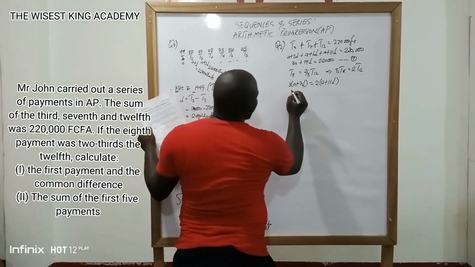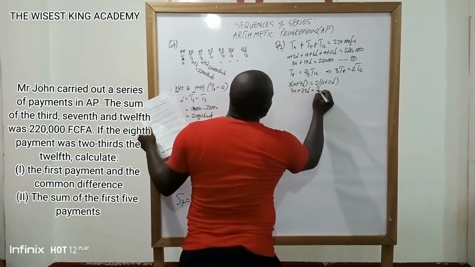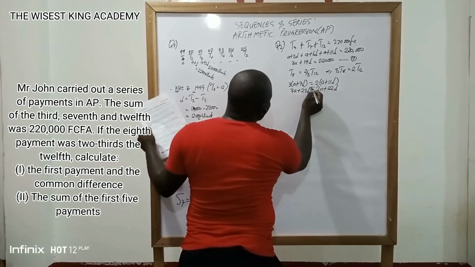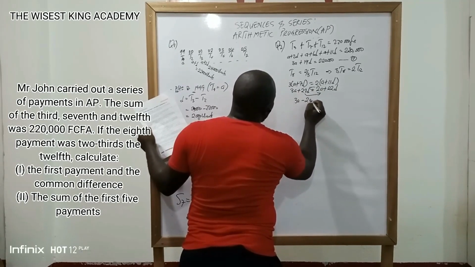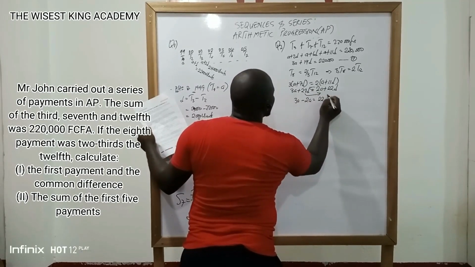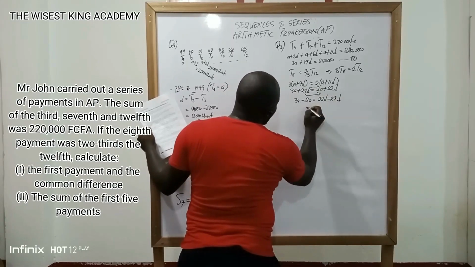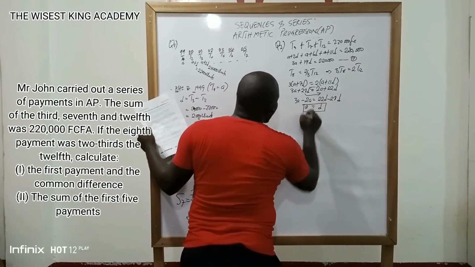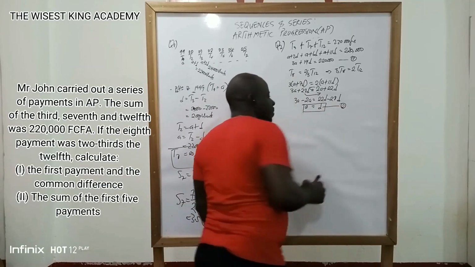So we expand the bracket, we have 3A plus 21D equals 2A plus 22D. So we bring the like terms together. We are going to have 3A minus 2A equals 22D minus 21D. So this gives us A, and this gives us D. So it means that A is equal to D. And this is actually our second equation.